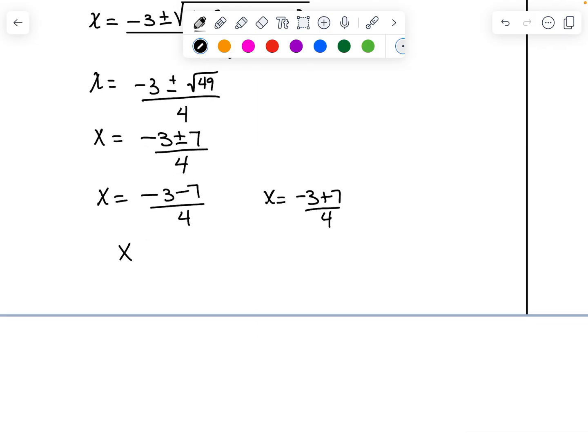That would be x equals -10/4, which is -5 halves, and 4 over 4, which is 1.